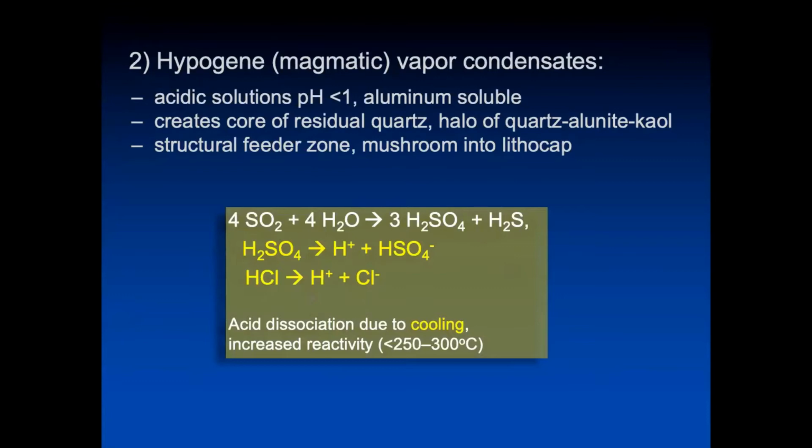It's that hydrogen that causes the very acid conditions, as low as pH less than 1. In those cases, aluminum is soluble, and we're left with residual quartz in the core zone where the fluids are most acid. Where they're less acid, pH greater than 2, we have a halo of quartz alunite.